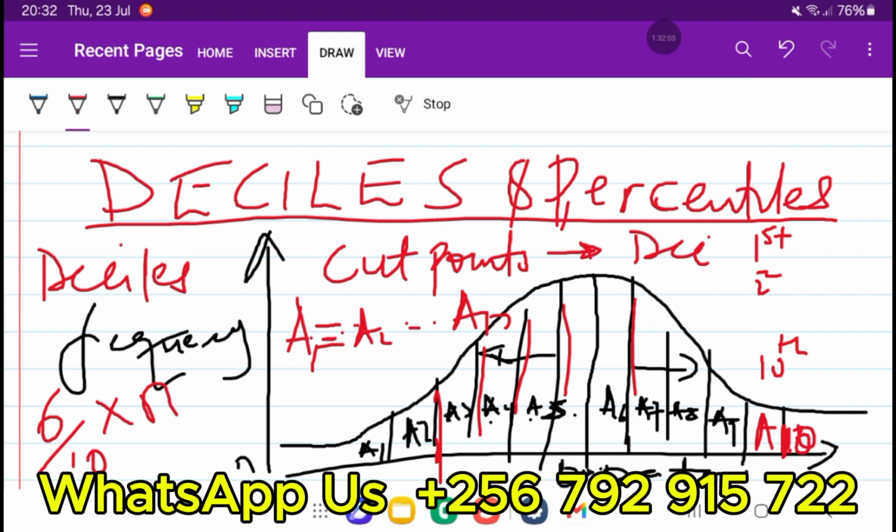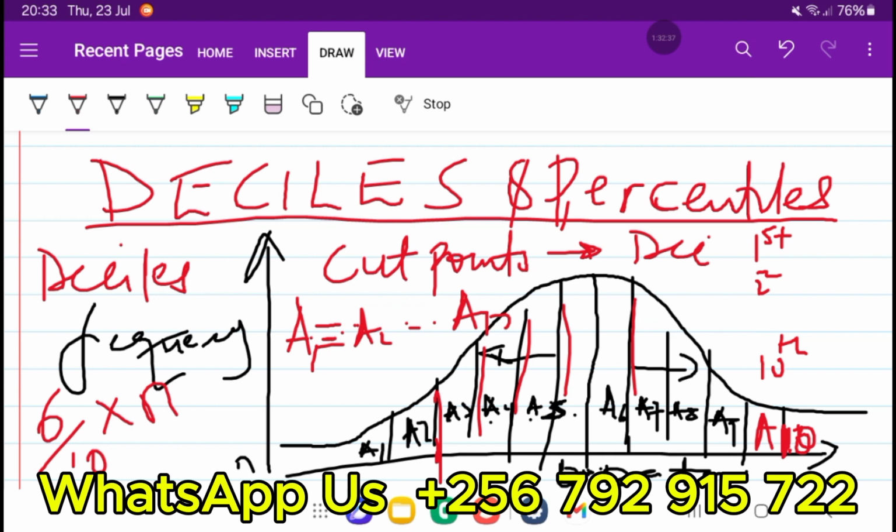But just know it is the same thing. If it is a percentage and I'm finding maybe 50%, I'll just get 50%, or if let's say you are taking maybe 60, you use the same formula as the one for quartile.